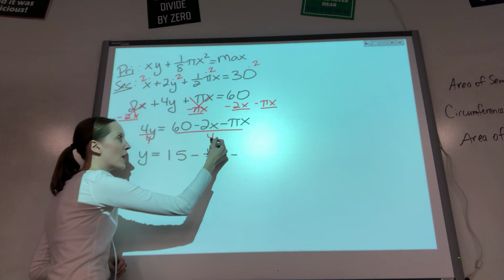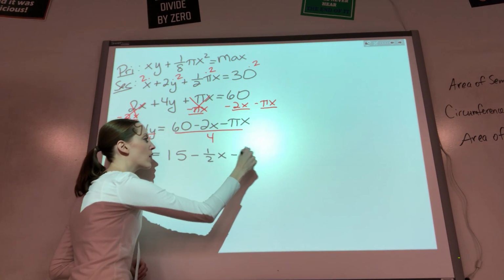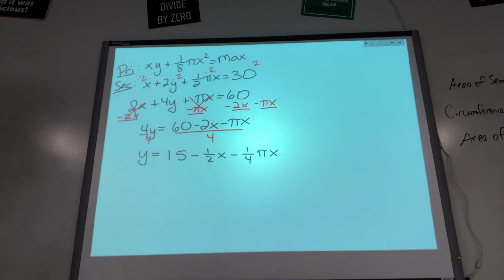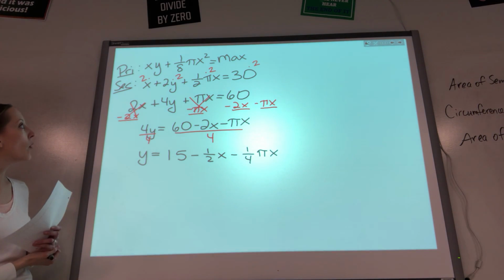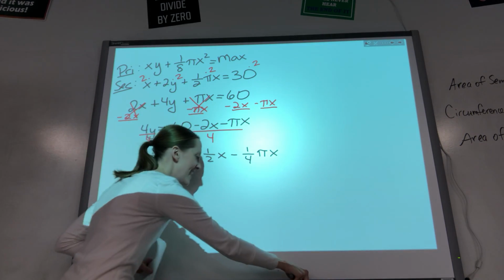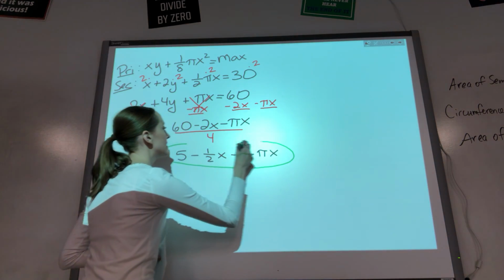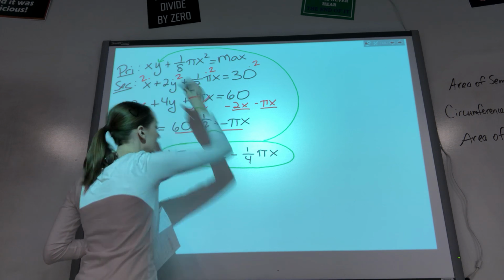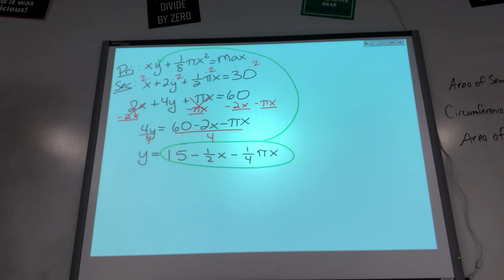And for the last part, pi x over 4, I'm going to pull that fraction out right there too and just make it a negative 1/4 pi x. You don't really have to do that, but later on when I take the derivative, I guess it might be kind of helpful. Okay, that is just what y is. So we take this expression, wherever we see y in the primary equation, that is where we have to plug it in.